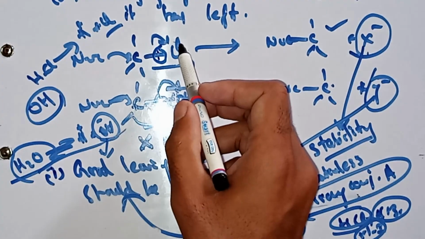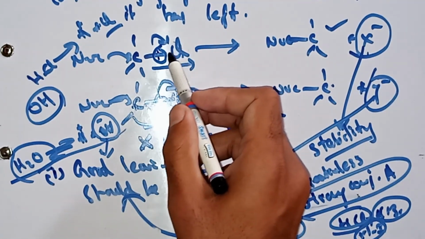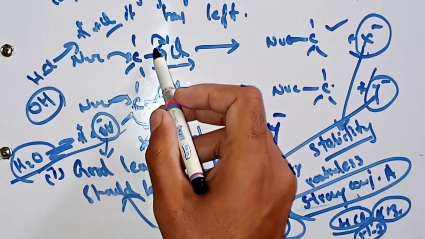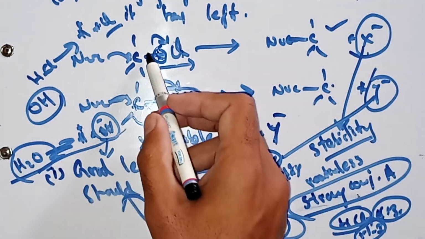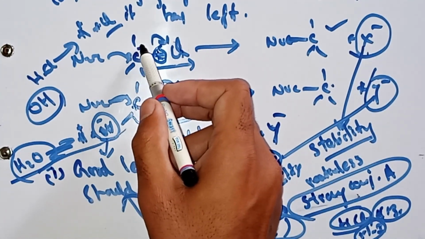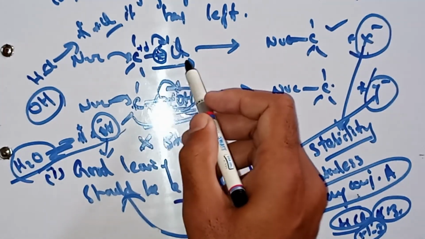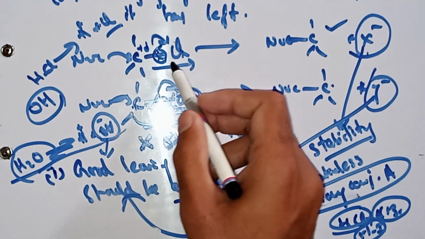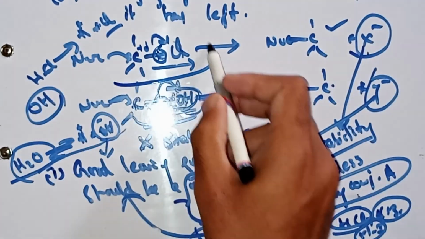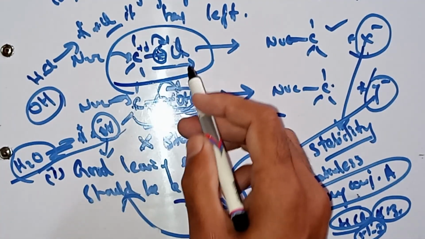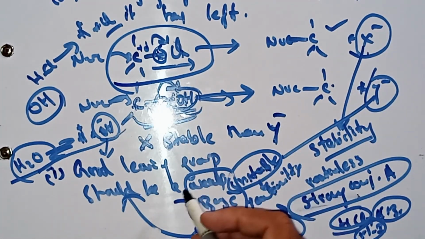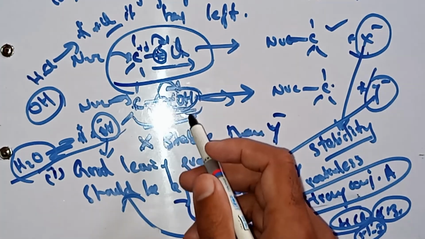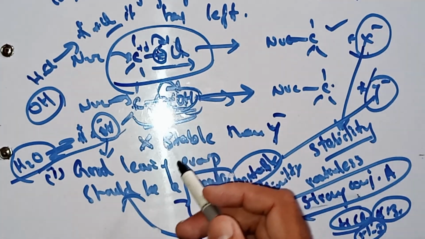Due to the electronegativity of chlorine, it withdraws these electrons, so the carbon will become more polarized. That's why the weaker the base, the stronger the leaving group, while a strong base shows a weak leaving group.